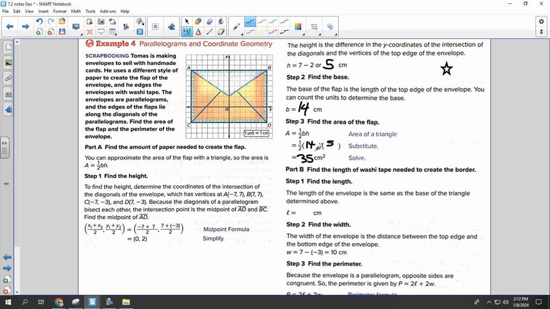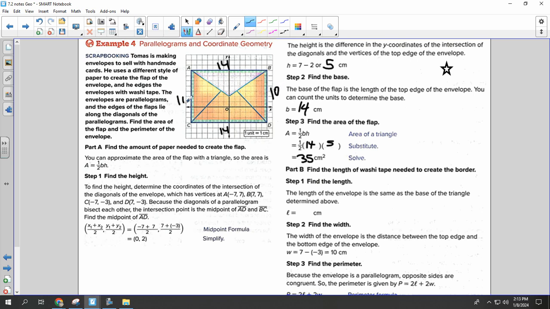Part B, find the length of the washi tape needed to create the border. That's all this guy right here. We just counted that this was 14. So the bottom part has to be 14 because it's a parallelogram. And then A to C, we got 1, 2, 3, 4, 5, 6, 7, 8, 9, 10, which is 10.